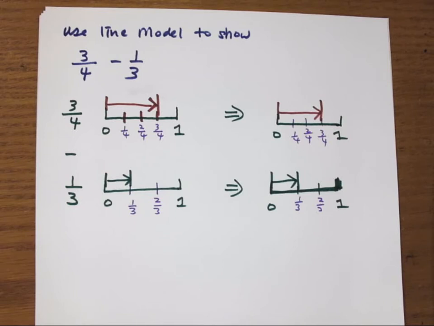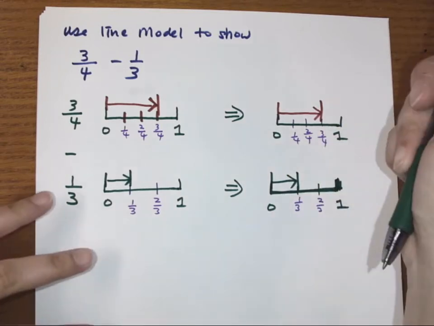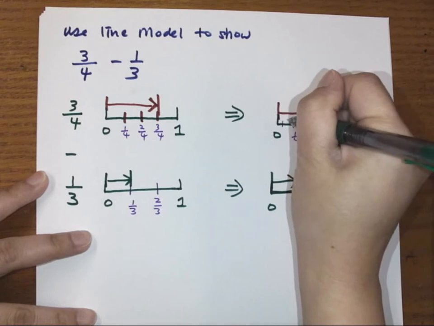For each 1/4, I need to cut them into how many equal parts? 3, based on the other fraction, right? For each 1/3, I'm going to need to cut them into 4 equal parts. So for each 1/4 here, we cut them into 3 equal parts. So it will get a little bit messy.